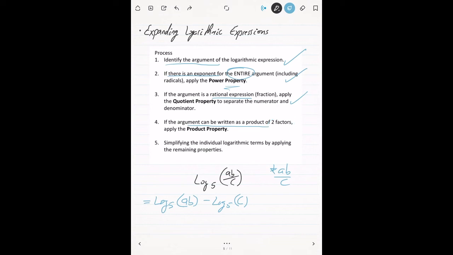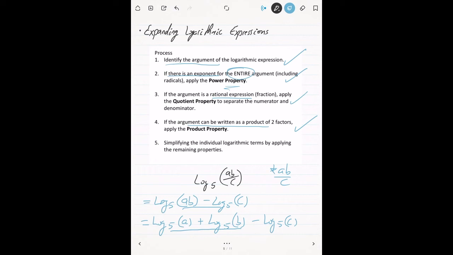So let's rewrite this as log 5 of A plus log 5 of B. And then we still have minus log 5 of C. What we've done here is we used the property that said if you're dividing, you can subtract, and then if you're multiplying, you can add them together.